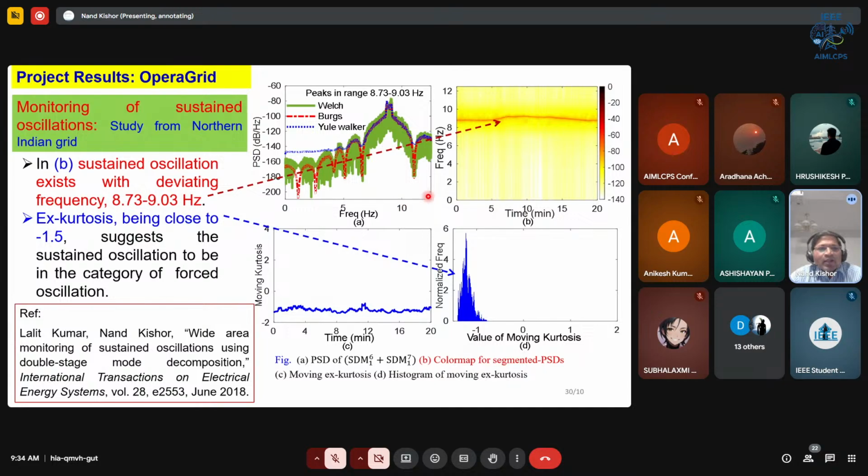We used this with the techniques that we had, and it was able to say what the PST is, and that this will be in the category of forced oscillations.